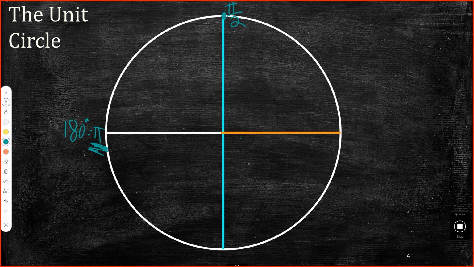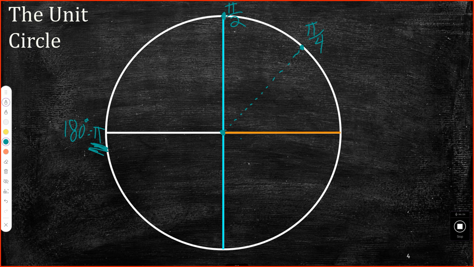That is true. And then what would it be here at 45? Pi divided by 4, because it will be 1, 2, 3, 4 pieces. This is pi by 4.